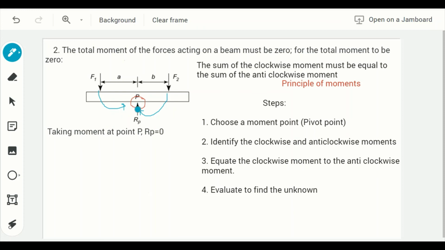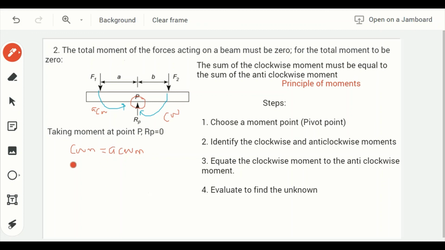If point P is my pivot point, the other forces tend to turn about that pivot point. Now, so I will use my step 3. What is step 3? Equate the clockwise moment to the anti-clockwise moment.